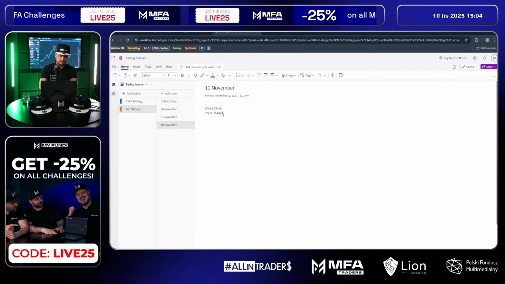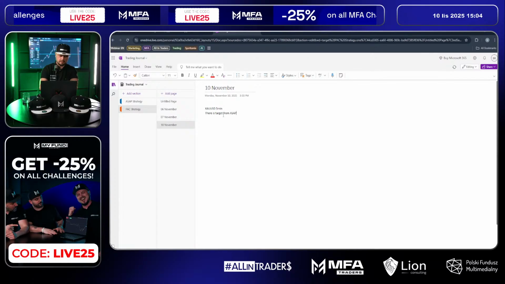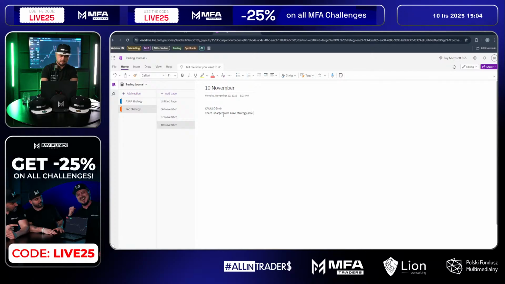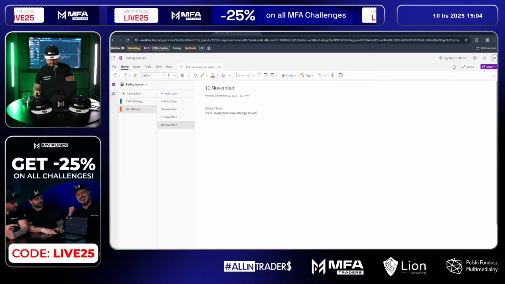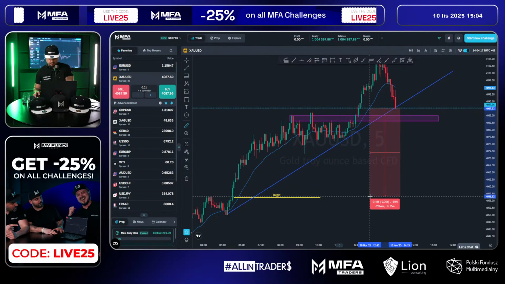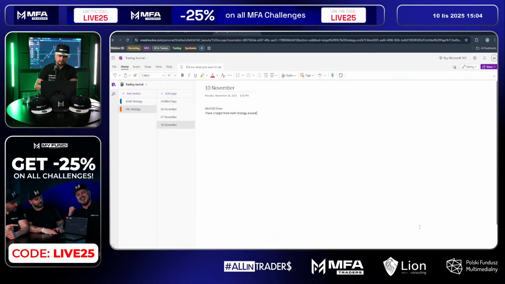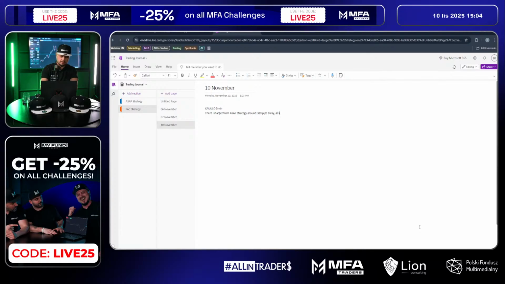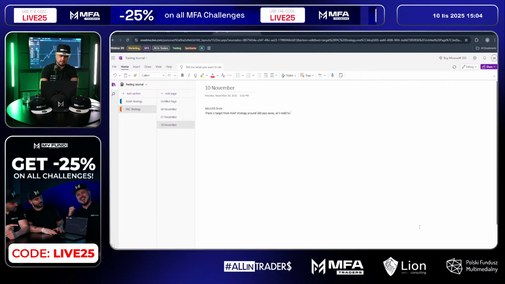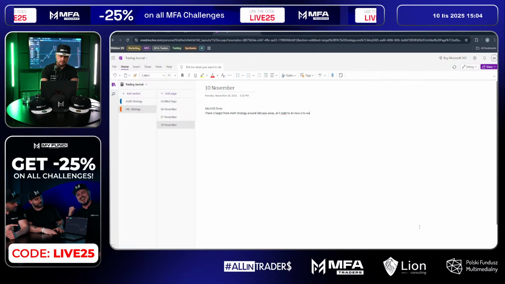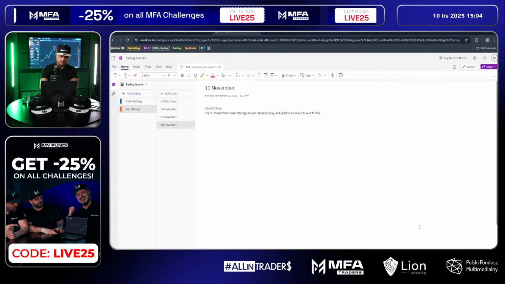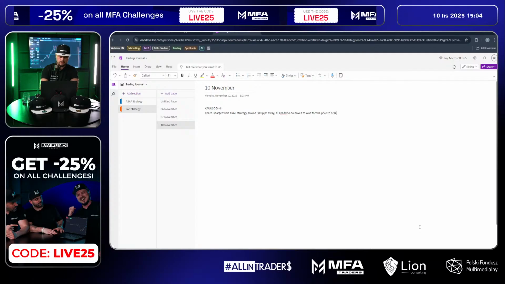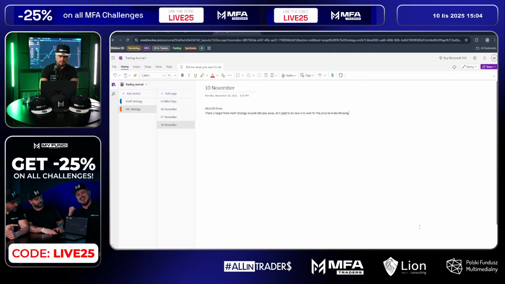There is target from ASAP around how many pips? 300 pips away. All I need to do now is to wait for the price to break through.